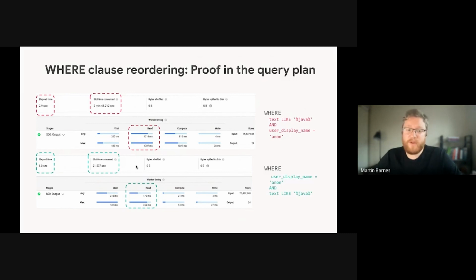We can see that the read phase within a single stage is reduced heavily by doing this. So understanding how to use where clauses effectively and being able to view this within your query plan really is key, and probably one of many computational tricks that anyone in your business can utilize.